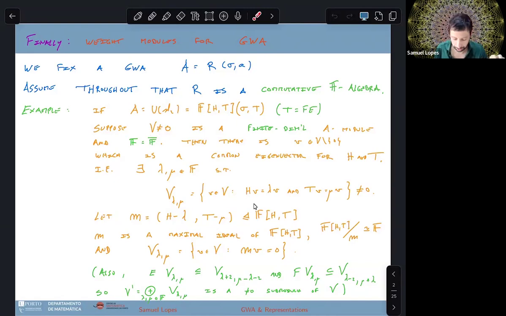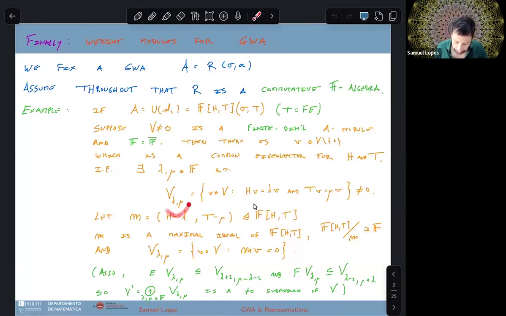So there will be a non-zero vector in V which will be simultaneously an eigenvector for H and an eigenvector for T. This is always the case, because H and T commute. You can prove that easily.